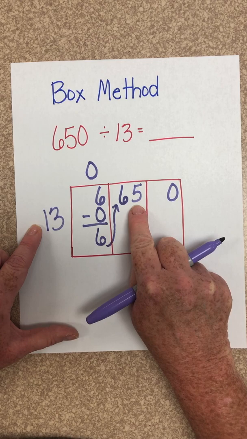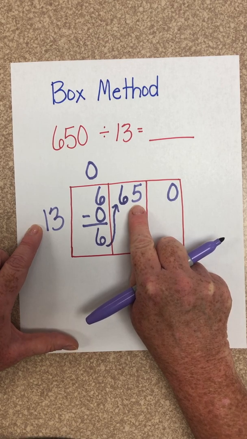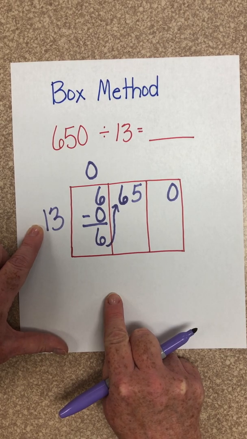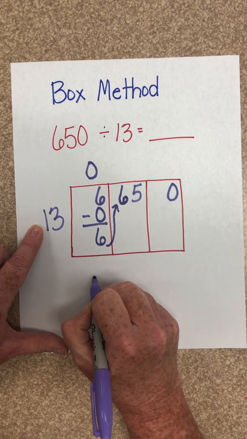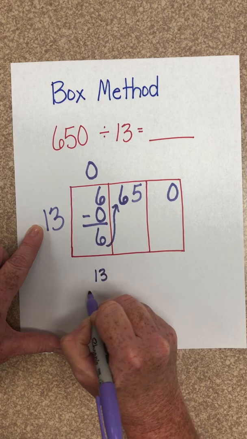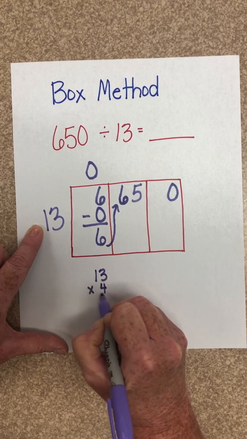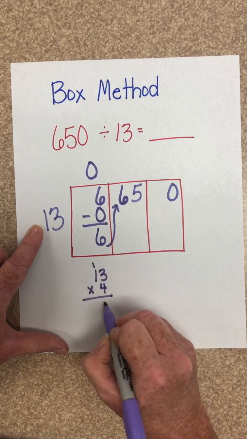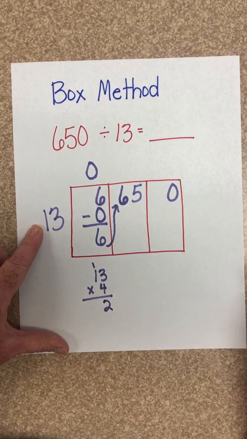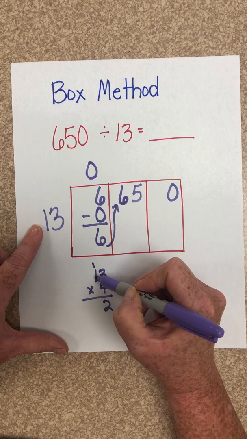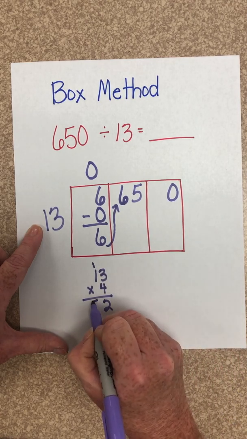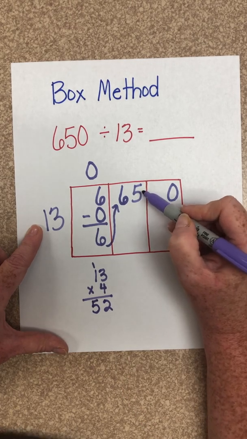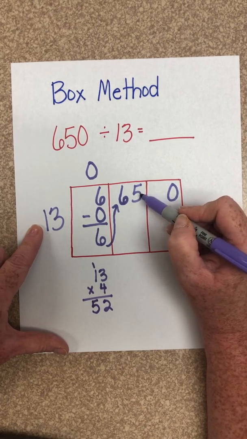13 goes into 65 how many times? I'm going to make a note down here at the bottom so we can find out. Let's start with 13 times 4. 4 times 3 is 12. 4 times 1 is 4, plus 1 is 5. 52. 52 is close to 65. Can we get any closer?